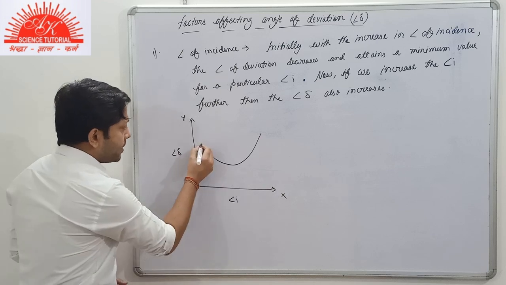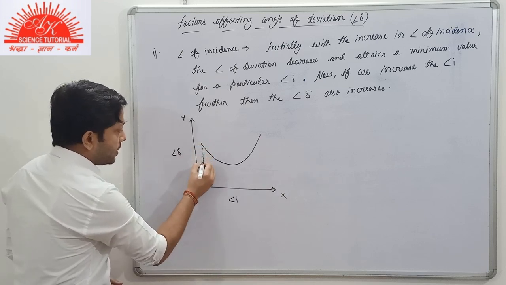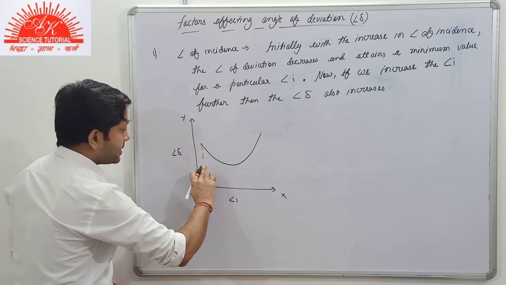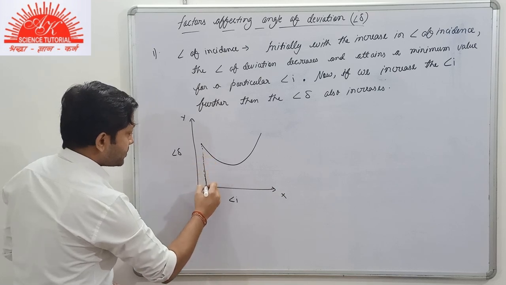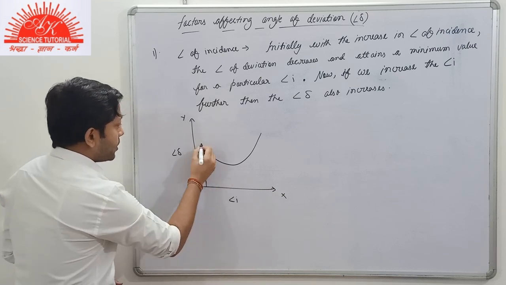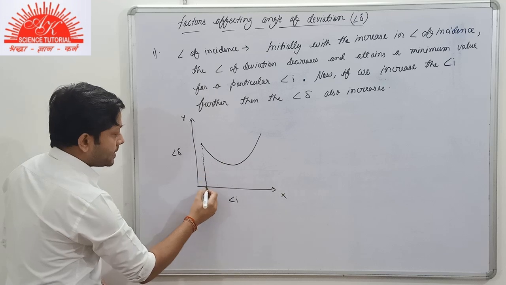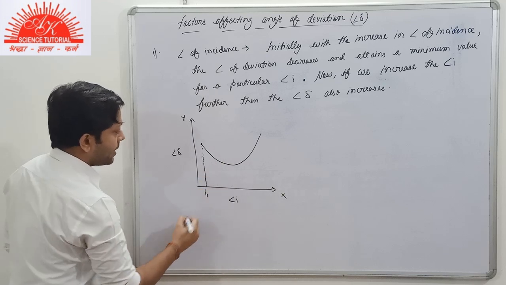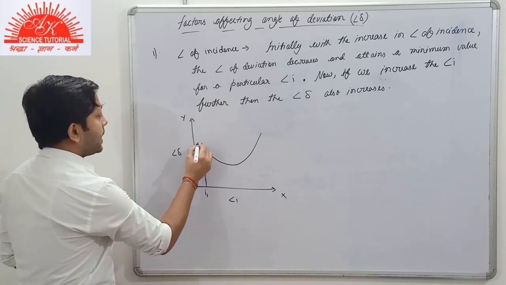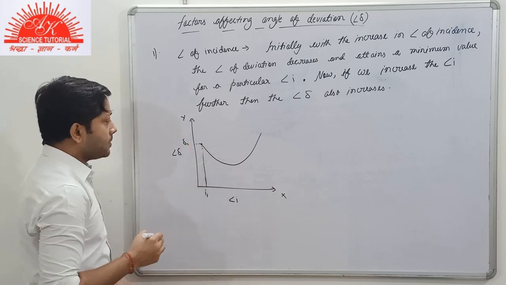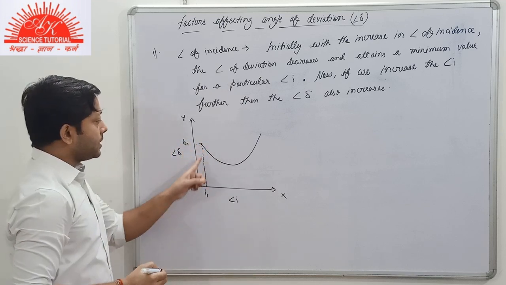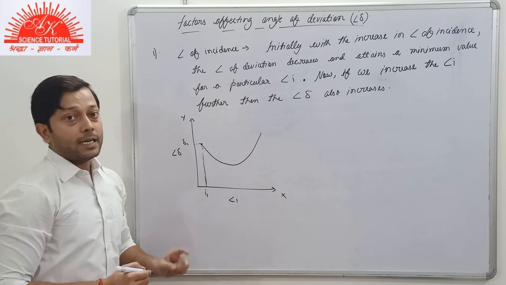So along the x-axis, we plot the angle of incidence, and along the y-axis, we take the angle of deviation. As you can see here, we'll take some points, such as this point. For this point, the x coordinate, suppose it is I1, and the angle of deviation is delta 1. So the coordinate for this point is I1 comma delta 1.